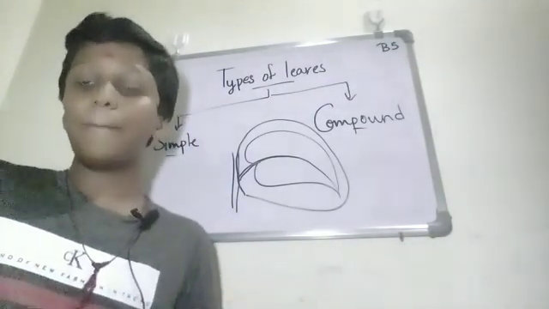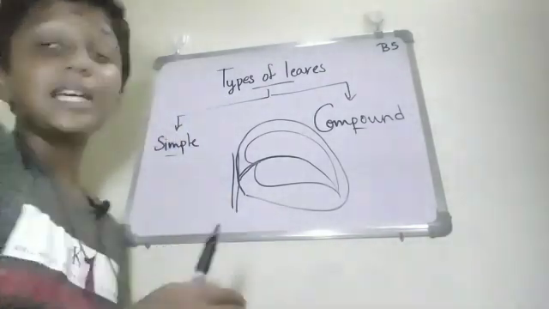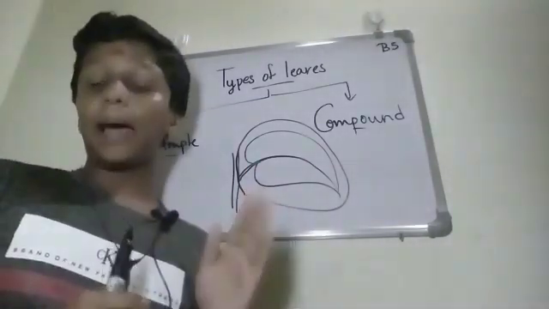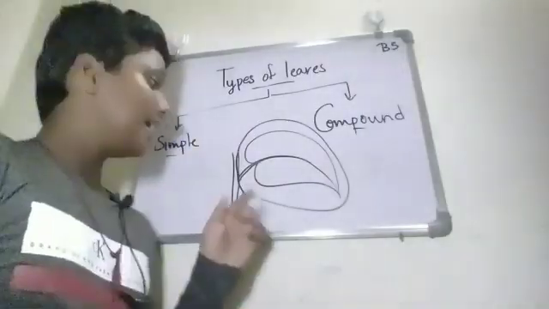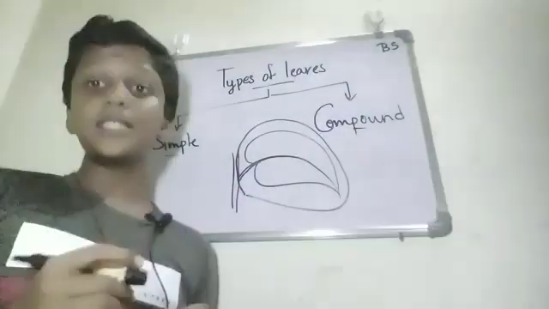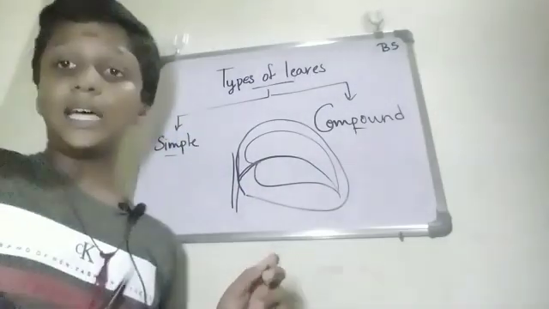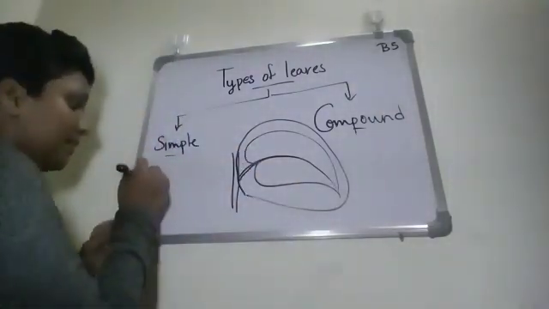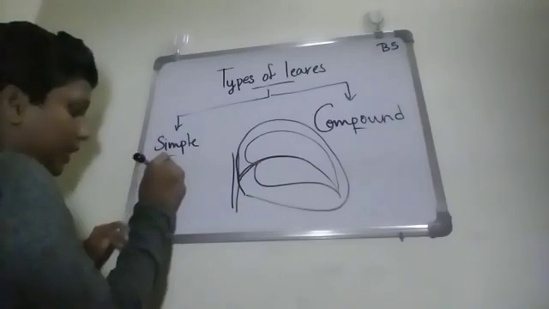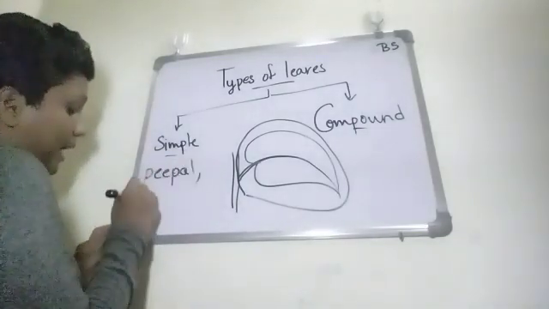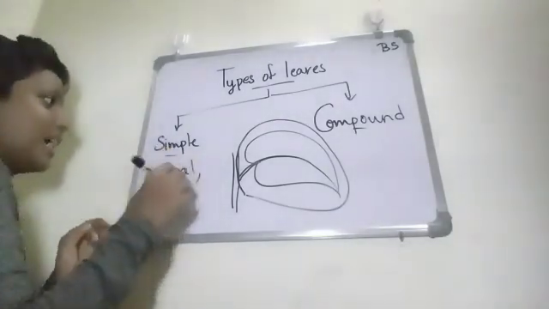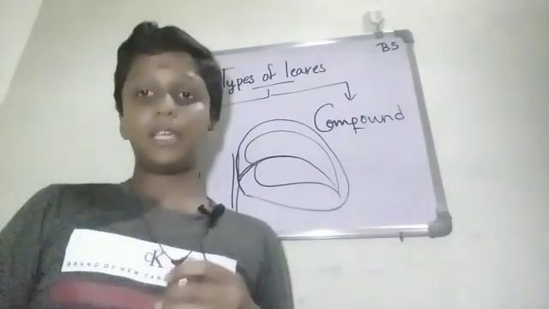The flat, broad green part of the leaf is not divided. In this type of leaf the lamina is a completely full piece. Example, we have the peepal leaf and the mango leaf. So these are examples of simple leaf.